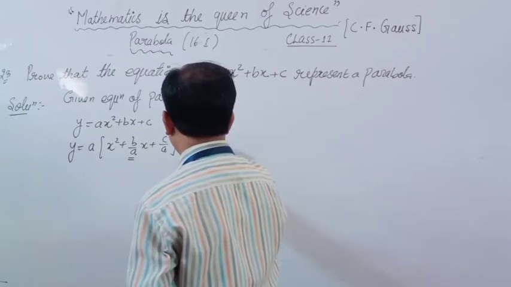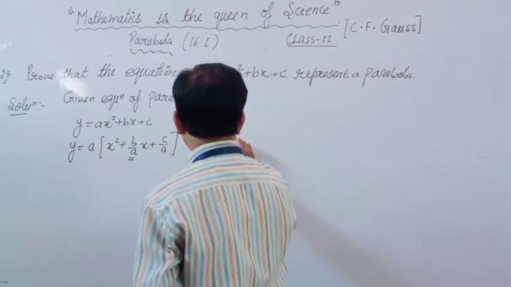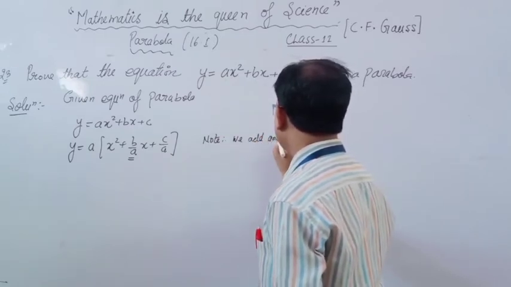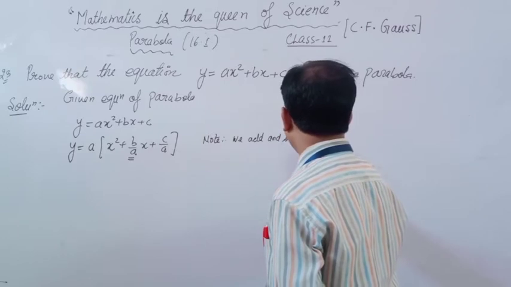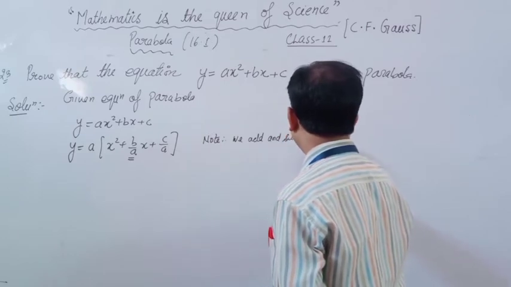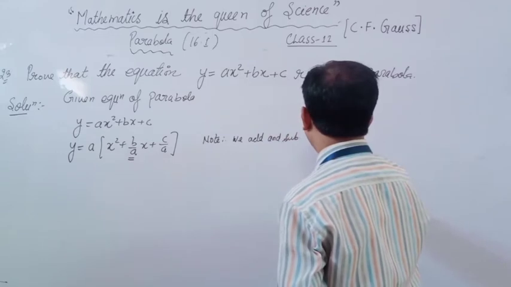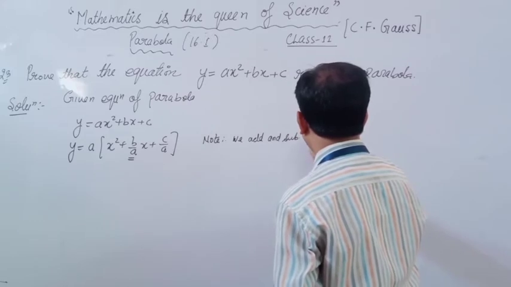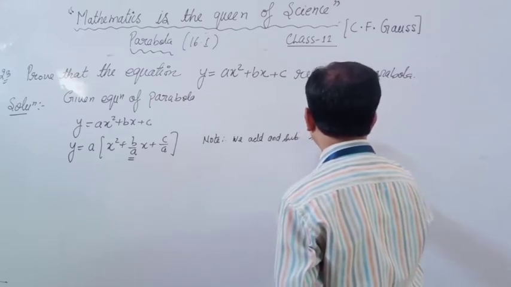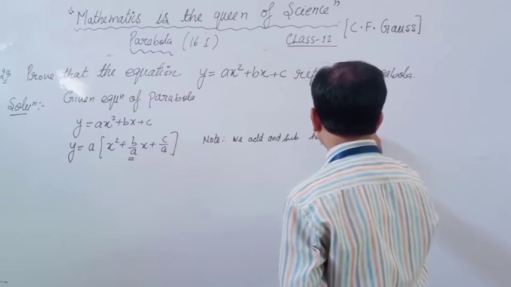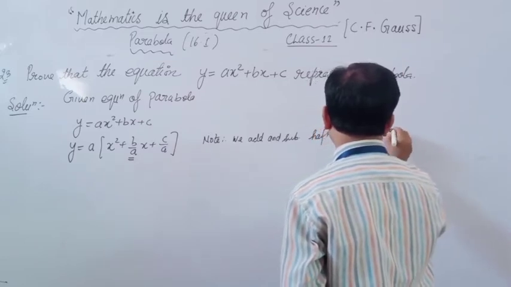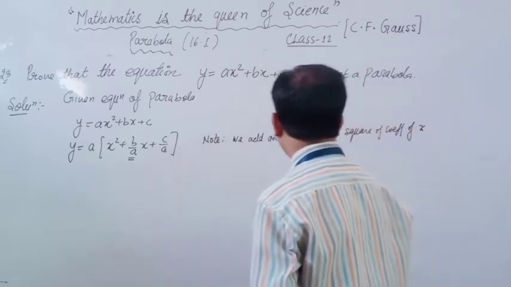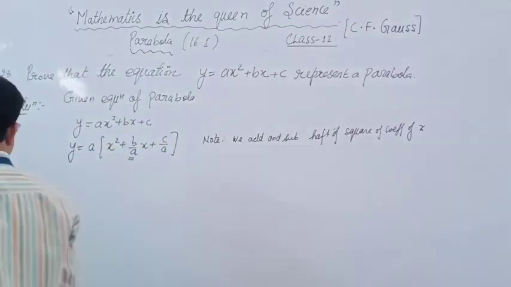So note this point: we add and subtract half of the square of the coefficient of x.